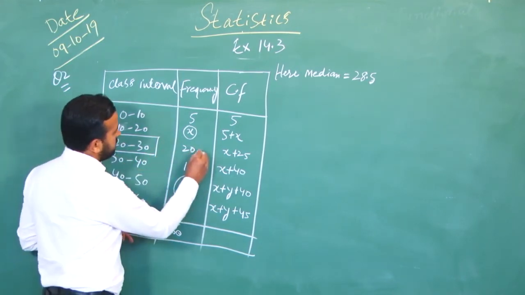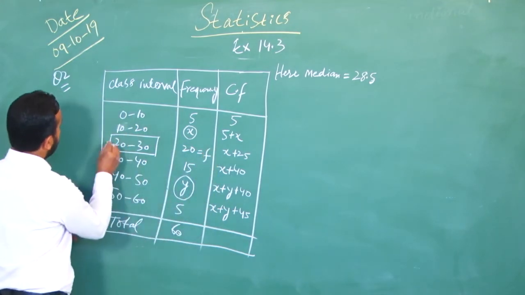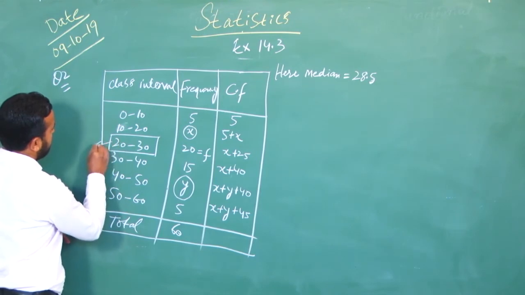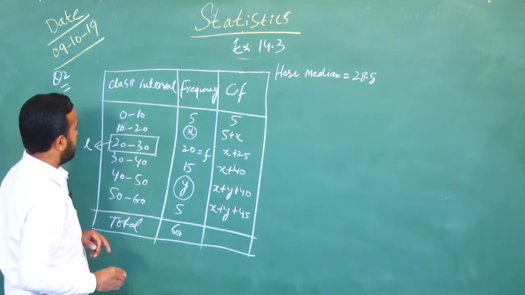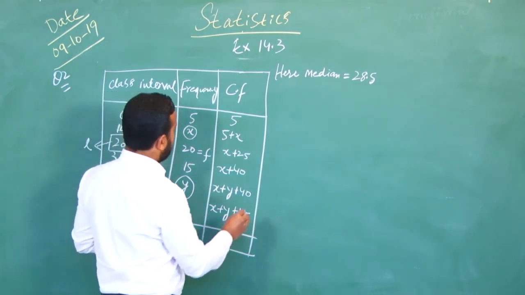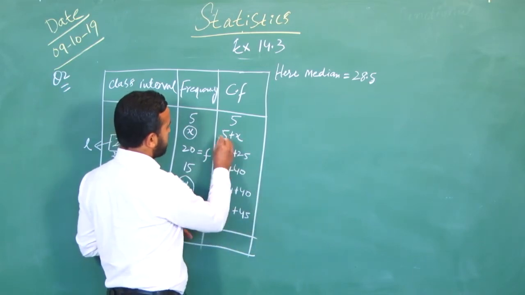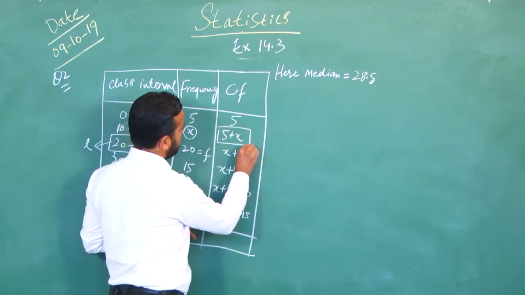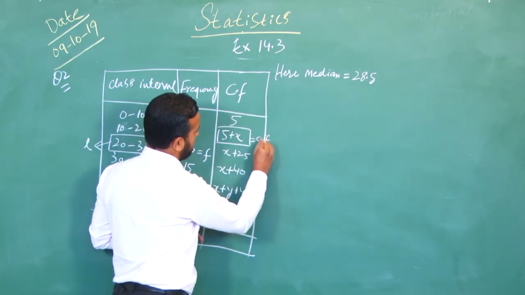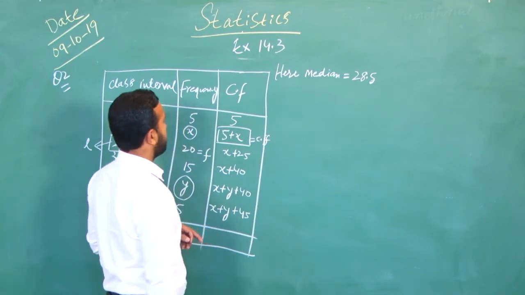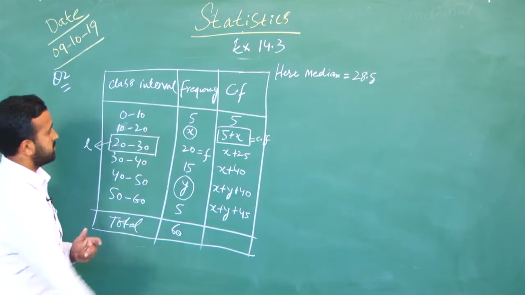The corresponding frequency will be treated as F, and this 20 will be the lower limit of the median class. The cumulative frequency that we will use in the mathematical result is that of the class preceding the median class, as we discussed.